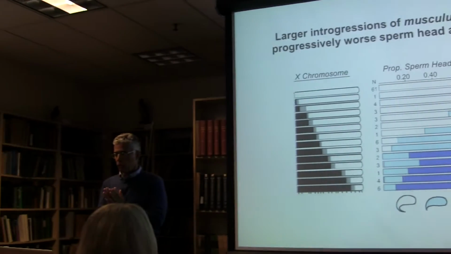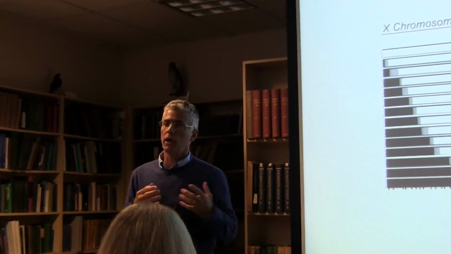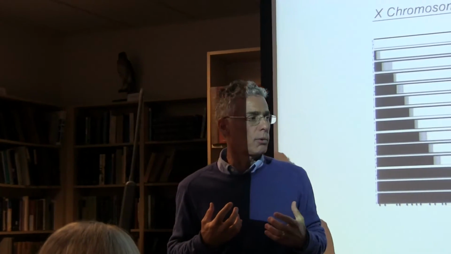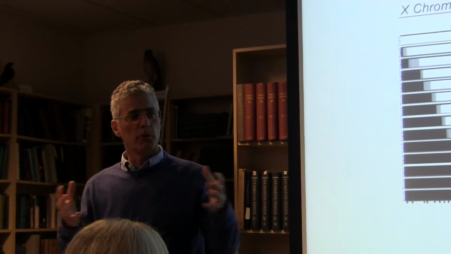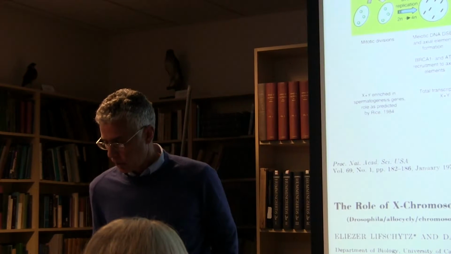So we got to this point, and this was about 5 or 6 years ago, and I thought, well, okay, what we found is the X chromosome is really important, but the whole X chromosome seems to be important, as if there's something distributed along the X that is somehow causing sterility.